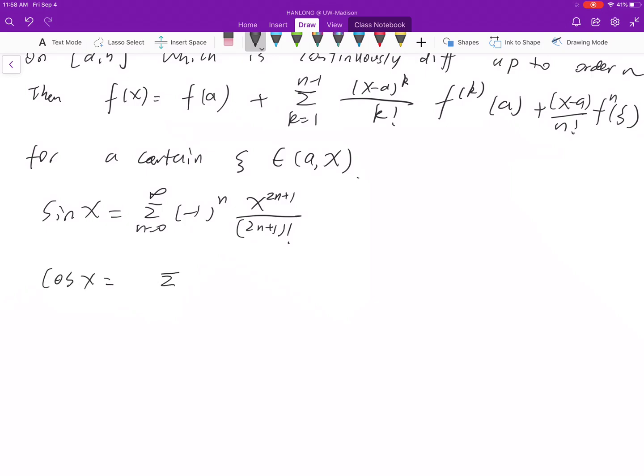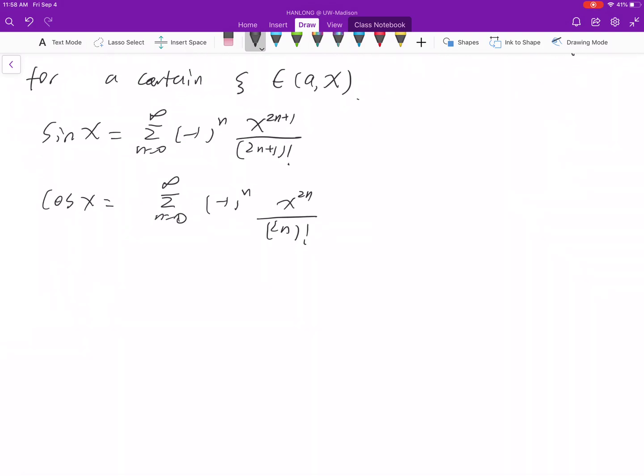and cosine x can be defined similarly, and exponential x is the sum of x to the n divided by n factorial.